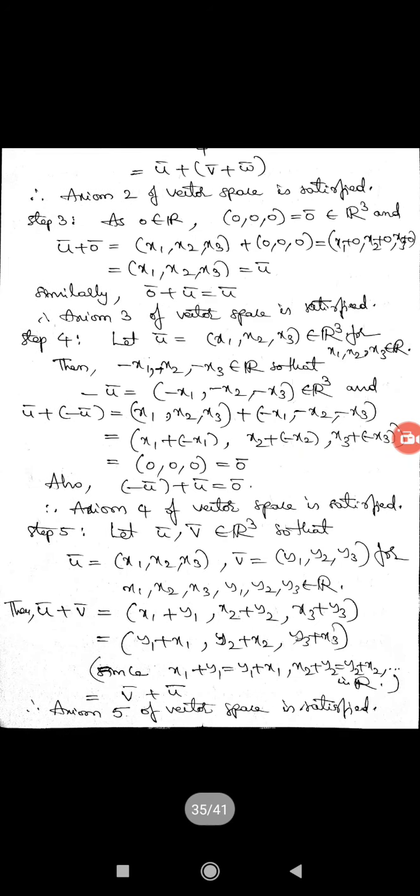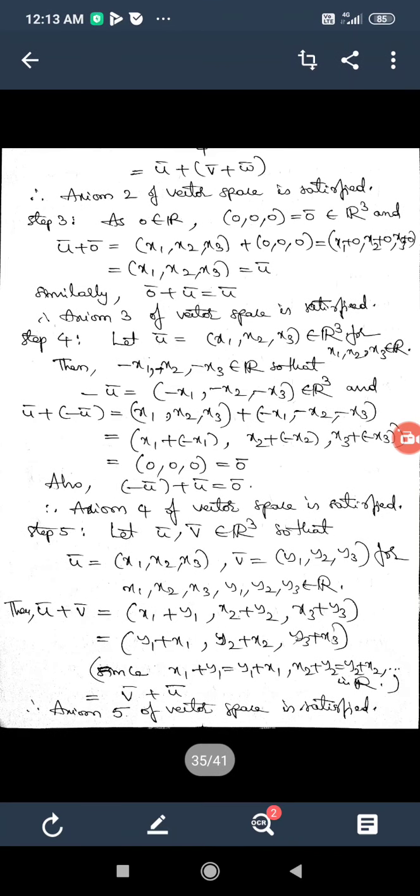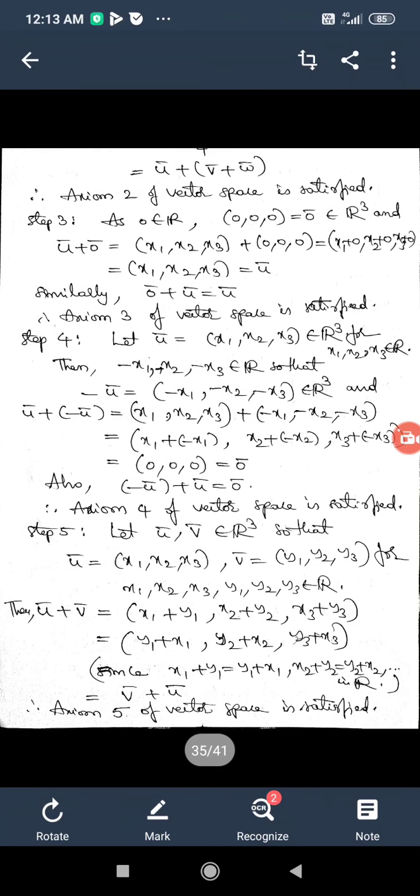Now we can say that it is nothing but equal to u bar plus v bar plus w bar. So now we could prove that the associative axiom with respect to addition, which is the second property in the definition of vector space, is satisfied by the set R3 over the set R of scalars or real numbers.